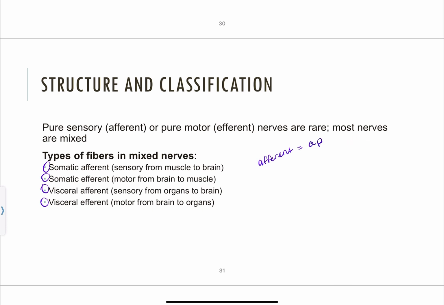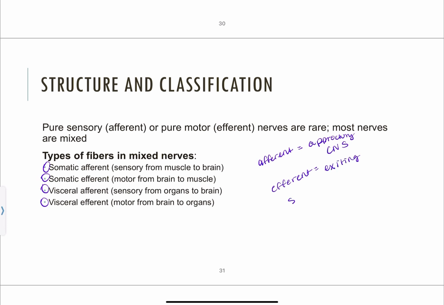So you have A and A. Anything that's afferent is carrying information from some sort of sensory receptor, which means it's sending information approaching the central nervous system. Efferent means it's exiting the central nervous system.